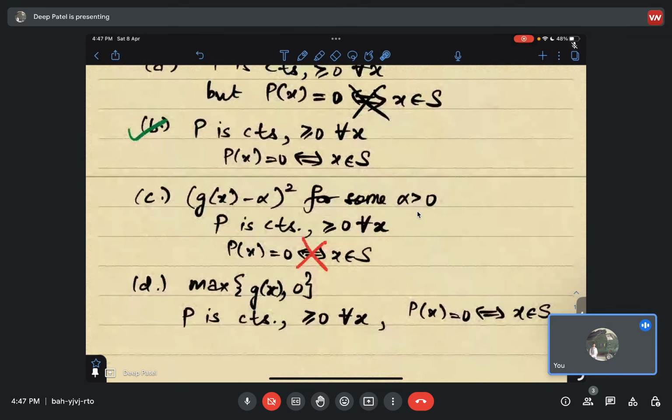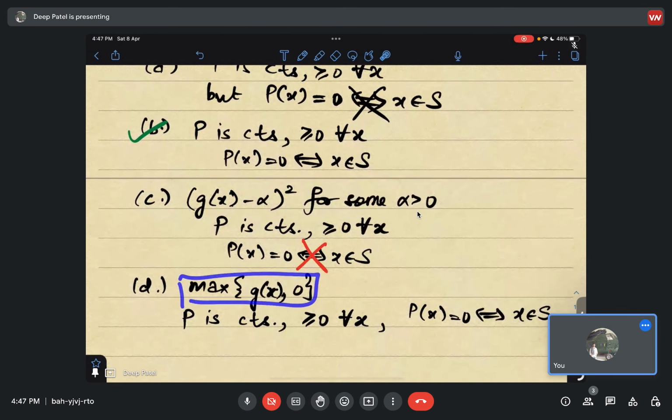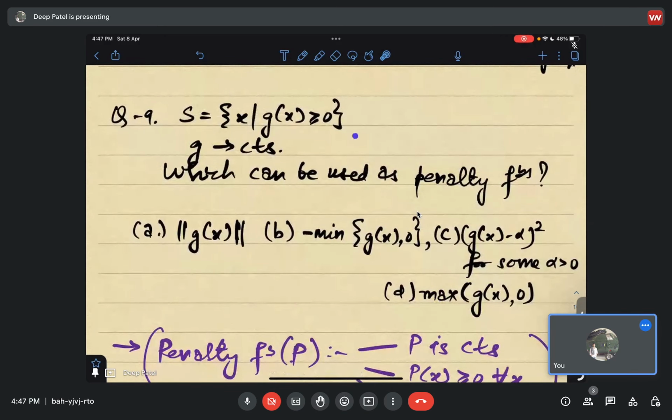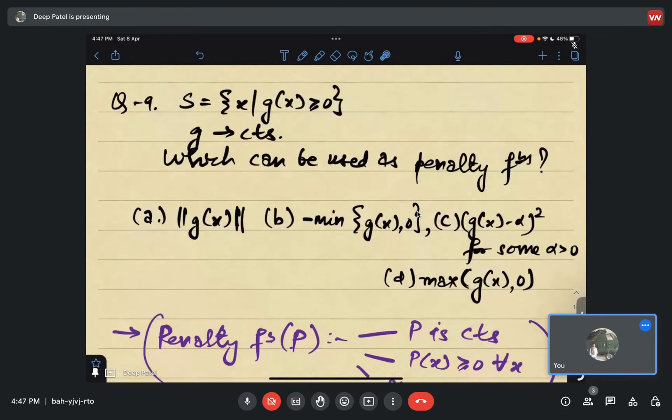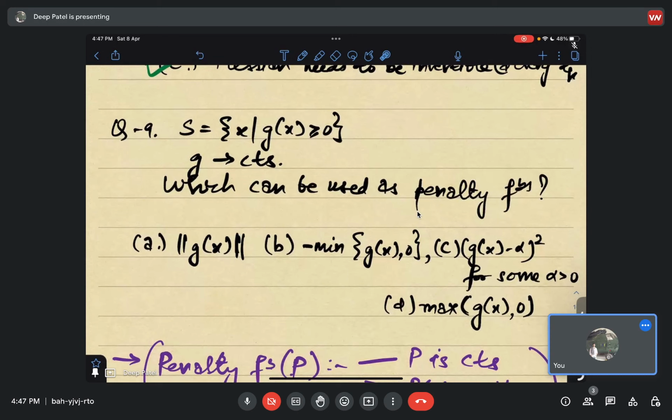So let's say p of x is 0. That means that g of x was 0, which means that x is in the feasible set by definition, right? But we have to go the other way also, right?